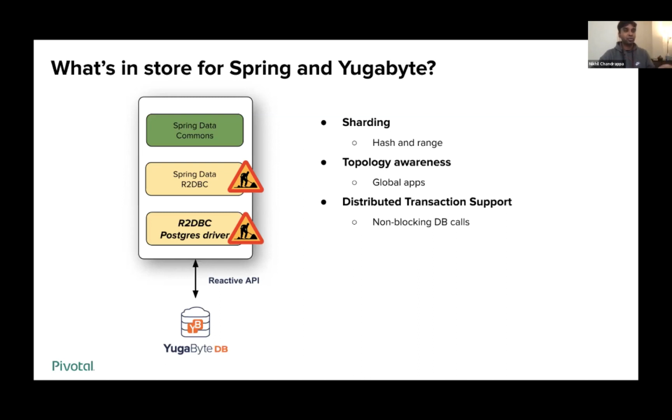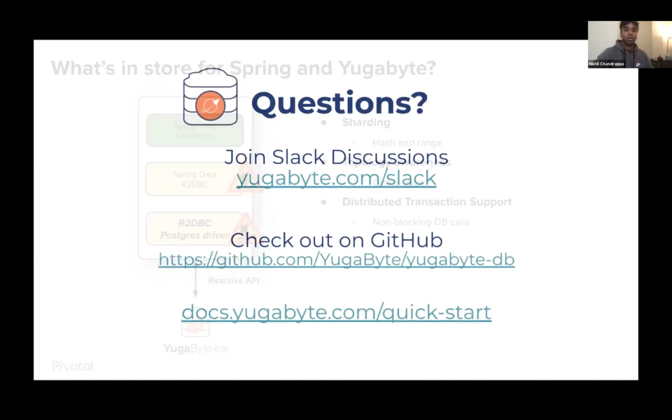If you have seen the R2DBC spec, it lists the top 6-7 APIs which need to be implemented by any database driver. Of those, of particular importance for us are the connection API as well as the transaction API, because that's where we can bring in changes needed for distributed SQL databases. Okay, any other questions?